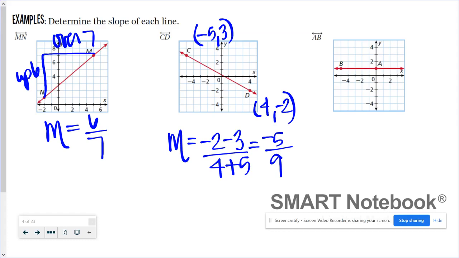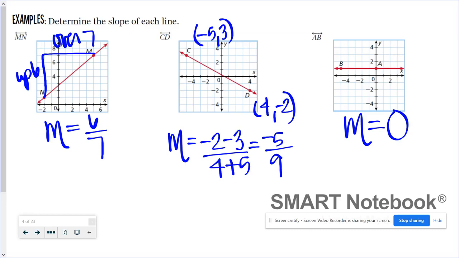And it should be negative because the line is falling from left to right. And then in that last one, that's one of those horizontal lines, and all horizontal lines have a slope that's equal to 0.